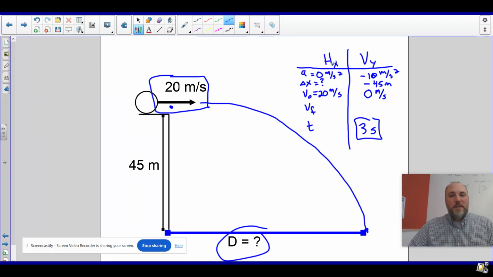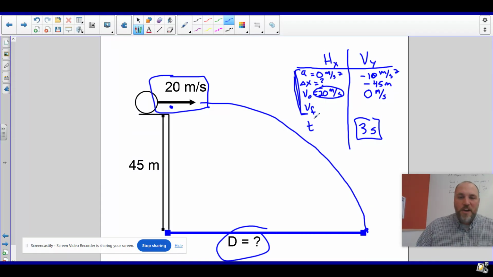Now, typically, because horizontal and vertical motion is independent of each other, we could never take a value from the horizontal side and use it on the vertical side. That's because acceleration, displacement, and velocity are all vectors, which means the direction matters.